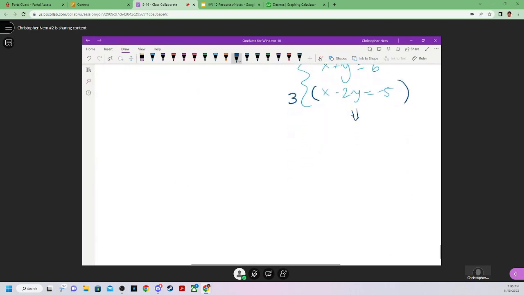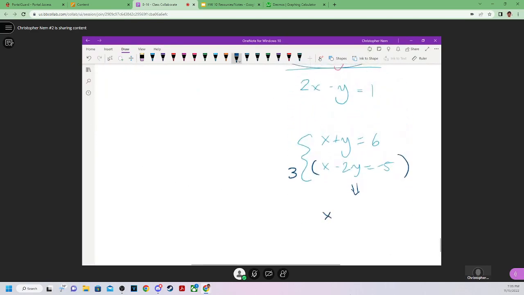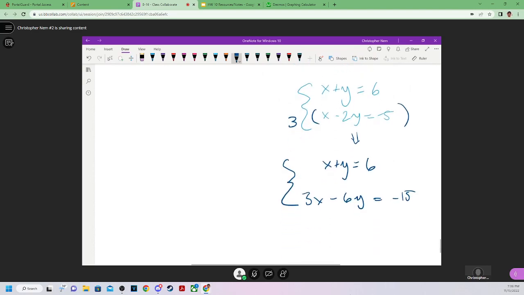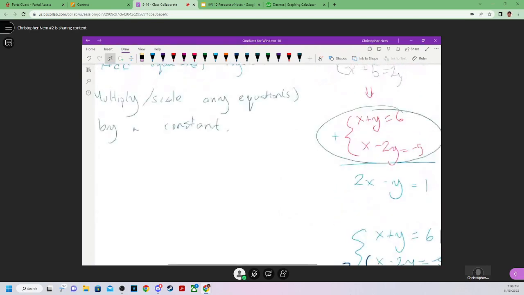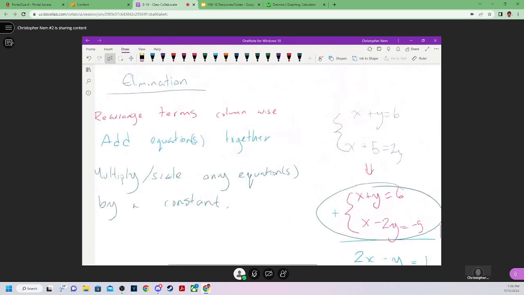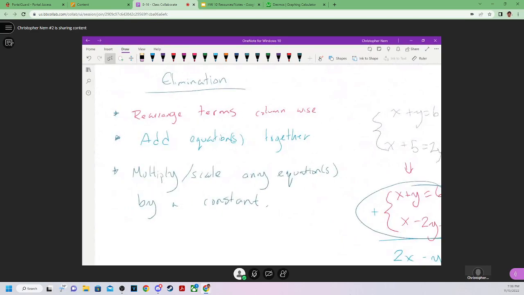This will transform my new system into x plus y equals 6 and 3x minus 6y equals negative 15. This becomes my new system right here. I am able to do that. I only multiply the second equation. I can multiply both equations, or I can multiply them by different numbers as well. I don't have to multiply everything by the same constant. So, these are your three main rules for elimination that you will be using.